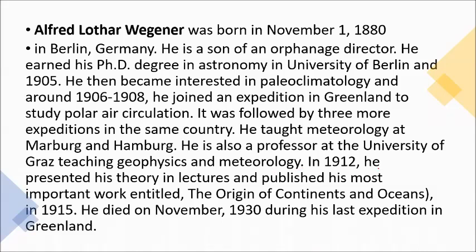In 1912, he presented his theory in lectures and published his most important work, entitled The Origin of Continents and Oceans. That was in 1915. He died in November 1930 during his last expedition in Greenland.